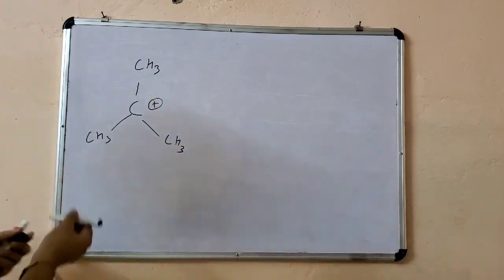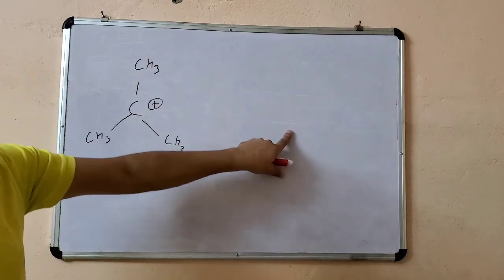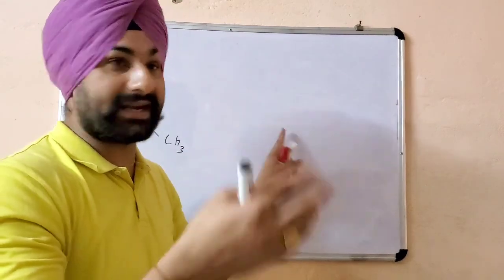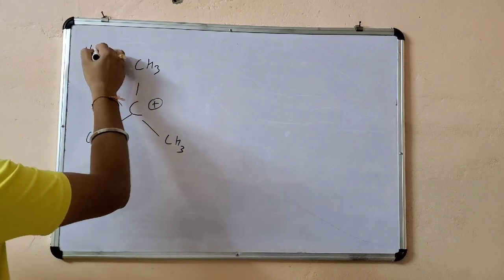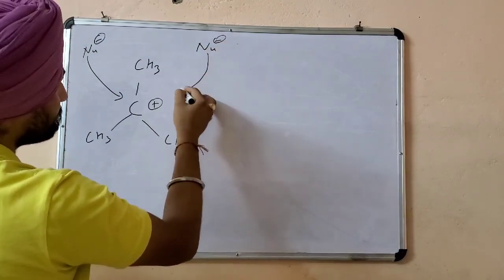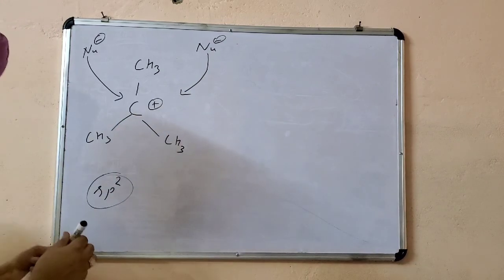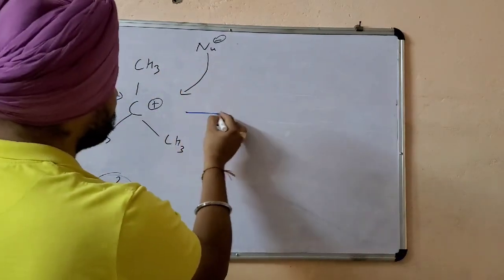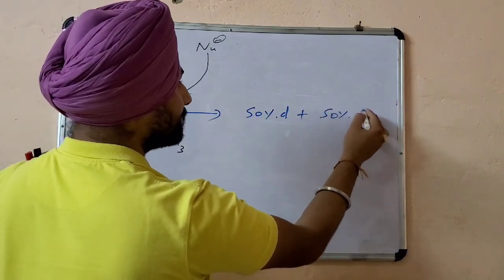We will directly start from here, because after the intermediate state the product is formed directly, and in the product form the important thing is the stereochemical geometry. So if the nucleophile attacks from this side as well as this side, this carbon is sp2 hybridized, right? If the nucleophile attacks equally from both sides, then there is 50% D form plus 50% L form.